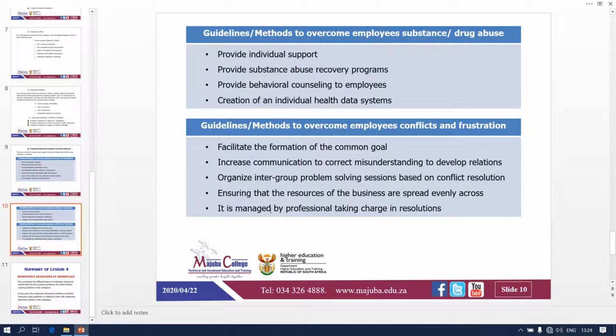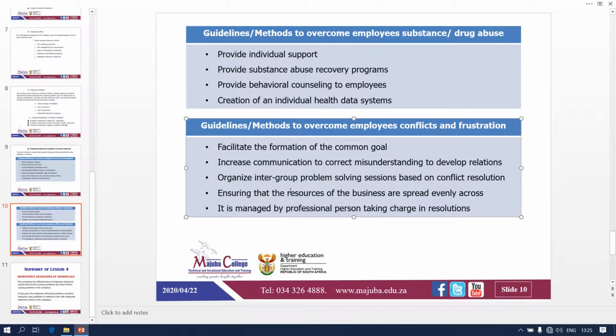Make sure it is managed by a professional person taking charge in resolution. Remember, if the conflict or the frustration was not taken care of by a professional or neutral person, it can lead to more arguments or more frustration in the situation.